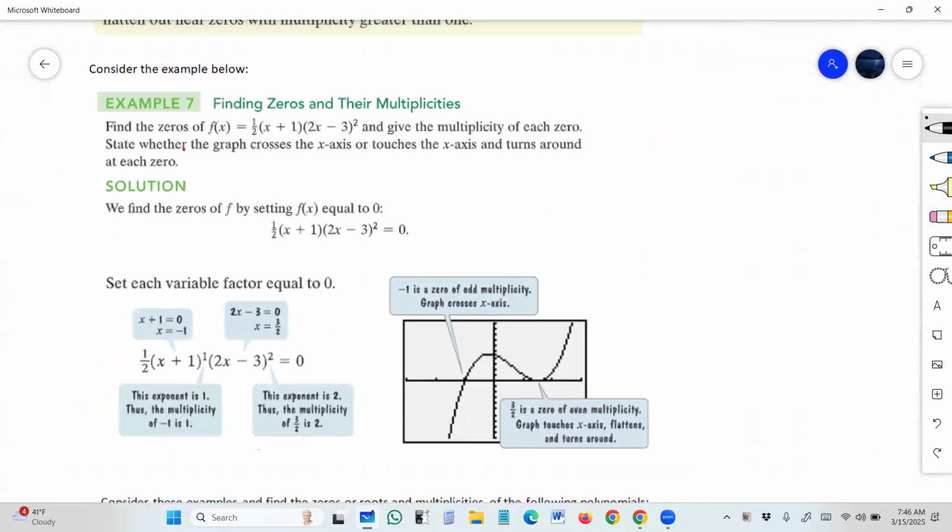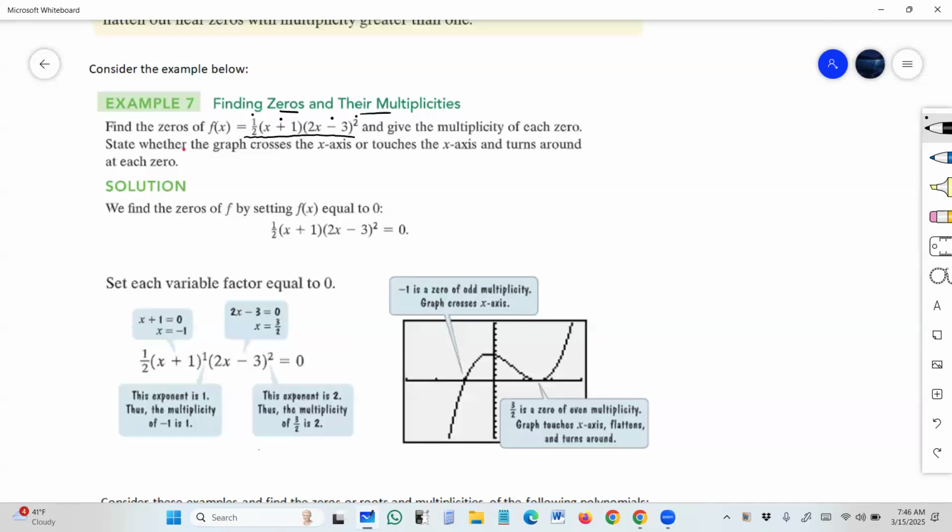of finding the zeros or roots and their multiplicity. Now, this is the easy way if the function can be given to us already in factored form. Okay, so I have three factors. I have the 1/2, I have the x plus 1, and I have the 2x minus 3 to the power of 2.